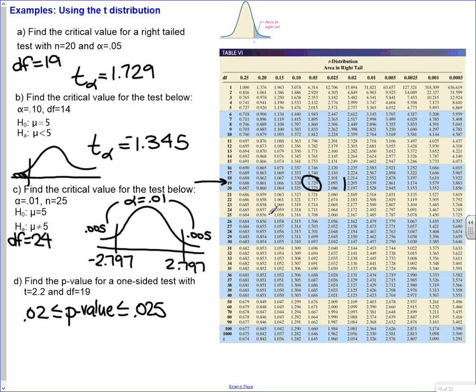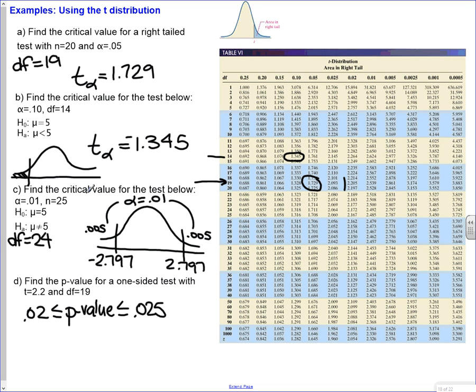This chart only gives positive values, so if we're talking about the left tail, we have to make it negative. With 14 degrees of freedom, we're in the 14 row, alpha is 0.1, and we get 1.345. But because we're on the left side, we make it negative.